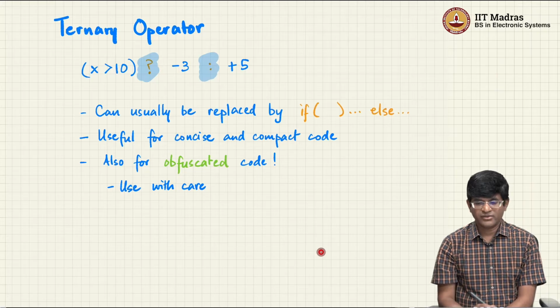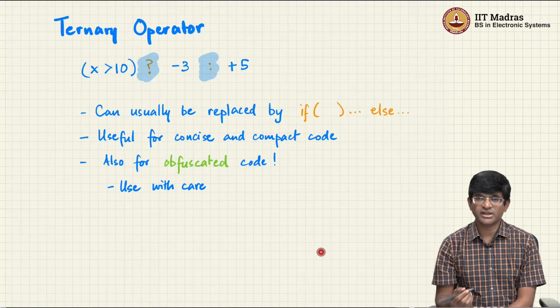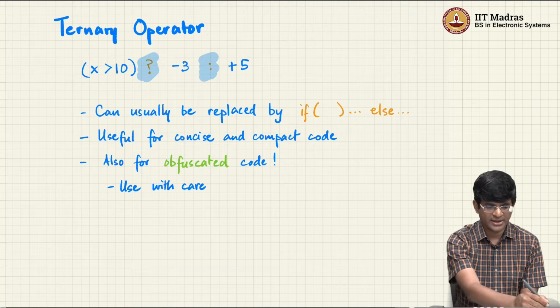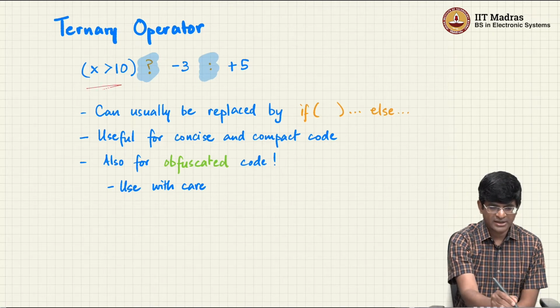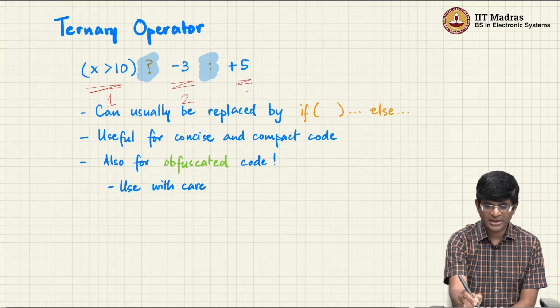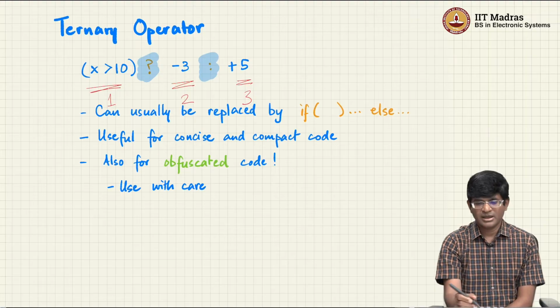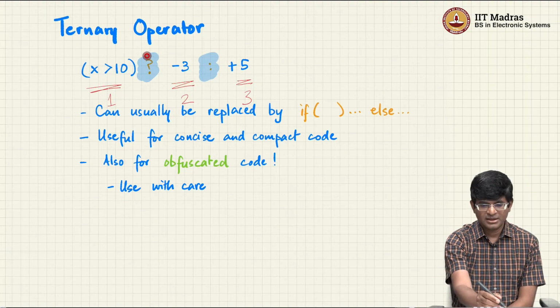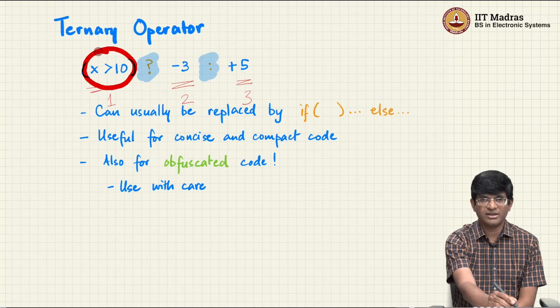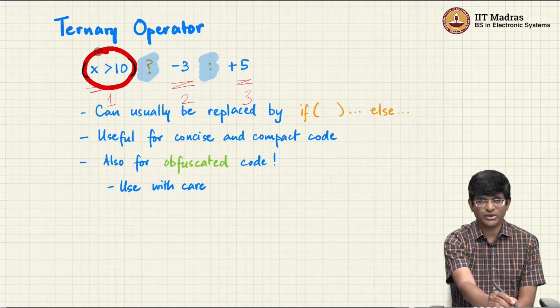Now another operator which can be a little confusing if you are not familiar with it is the ternary operator. What the ternary operator does is it takes three components: this is element 1, this is element 2 and this is element 3. You have the question mark, and it checks the logical value of the first element: is it true or is it false.